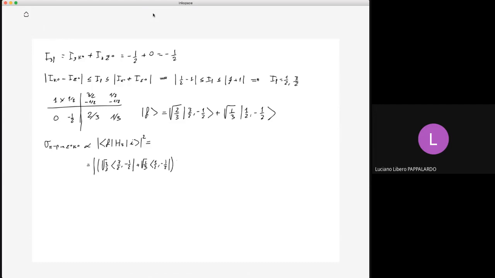Then we have our Hamiltonian term, and then we have the initial state, square root of 1/3, |3/2, minus 1/2>, minus square root of 2/3, |1/2, minus 1/2>, squared.